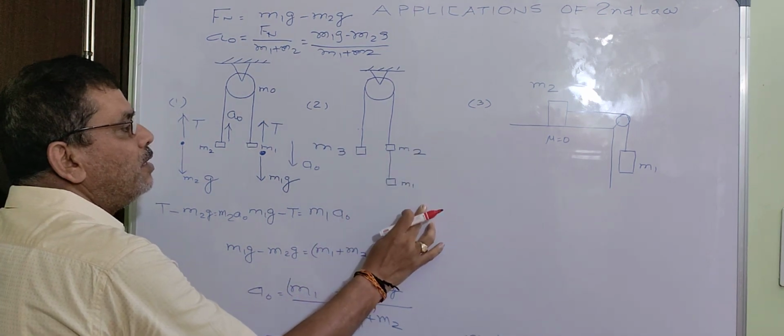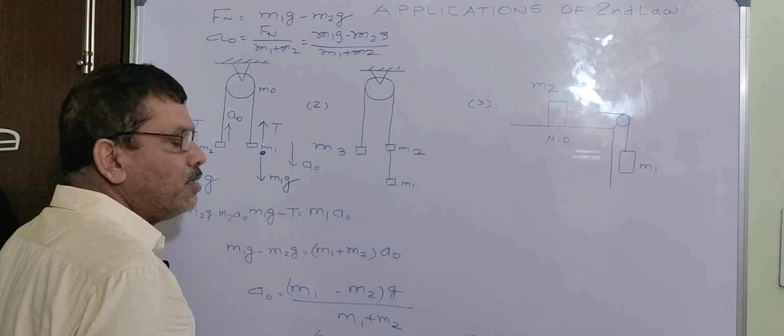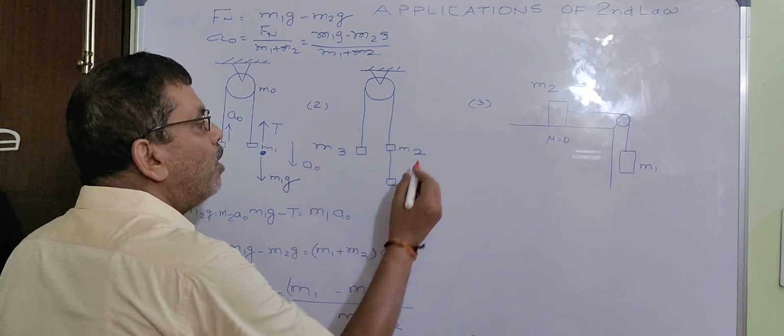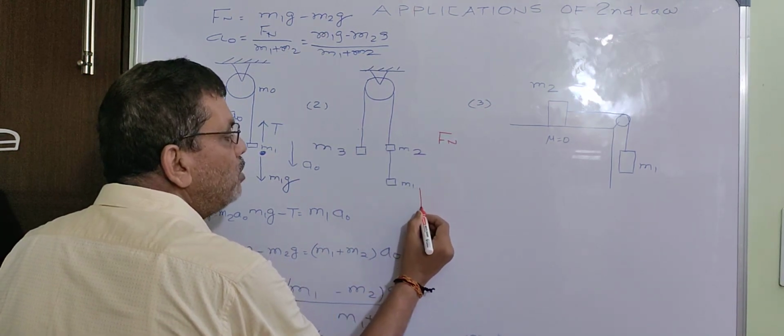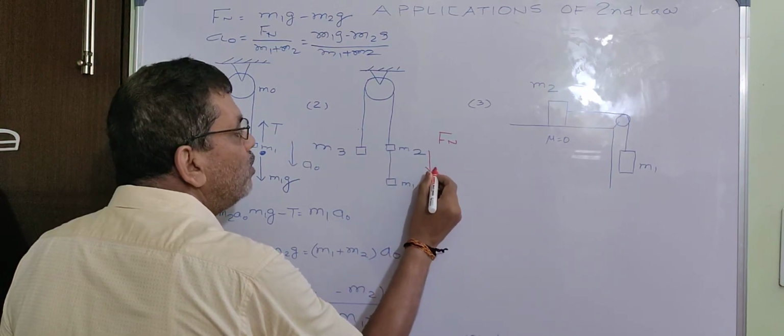Two blocks are there on the right side, M3 is on the left side. We have to find out the acceleration. I told you we find out the net force acting on the system. Now the net force on this system will be, you just see, M1g will be in this direction and M2g will also be in the downward direction.